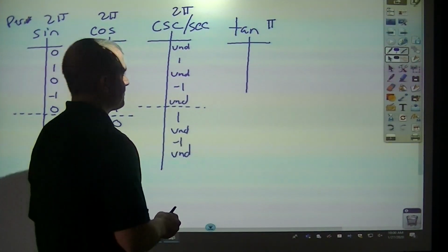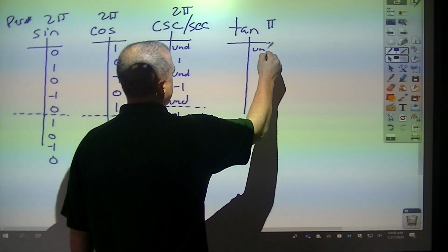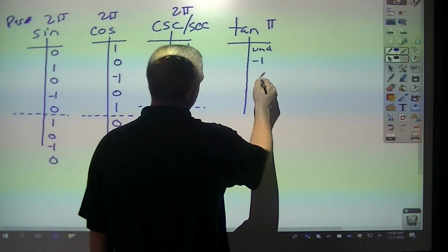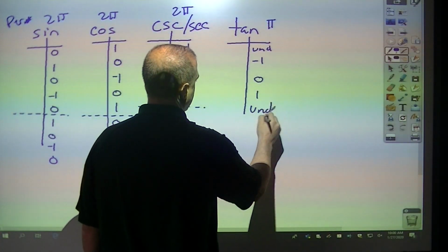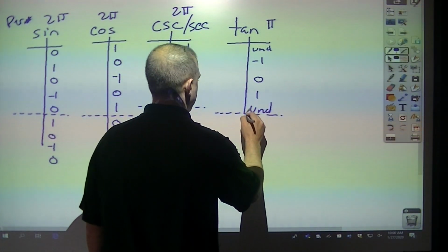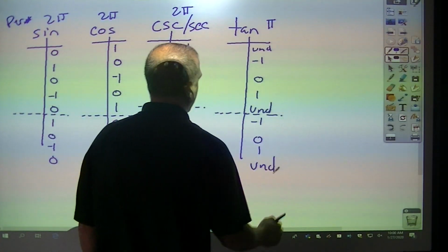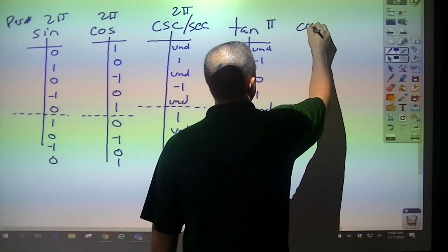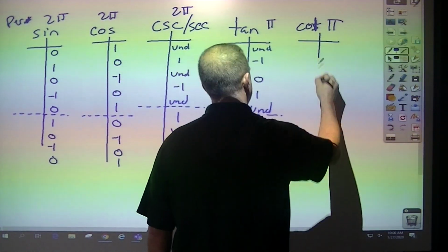Okay, so for tangent, you would start out with undefined, -1, 0, 1, and undefined. Okay, if you keep that going, it's -1, 0, 1, then undefined to finish. Okay? Alright, cotangent also has a period of pi.